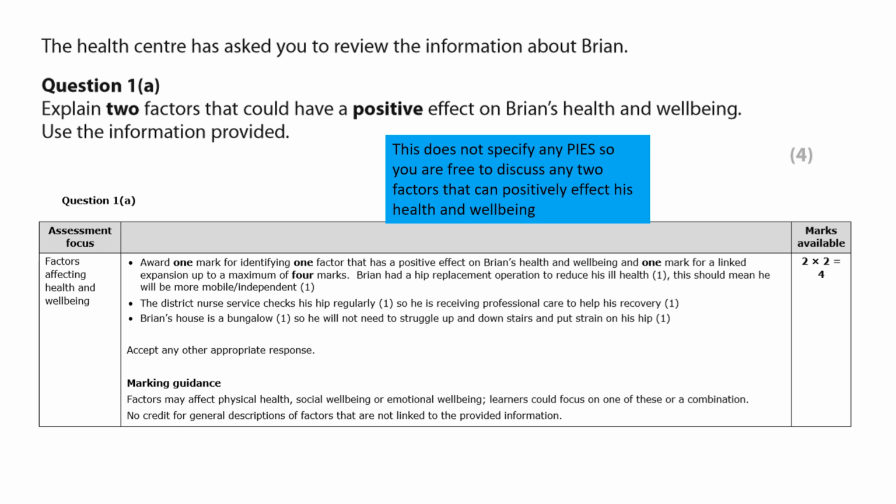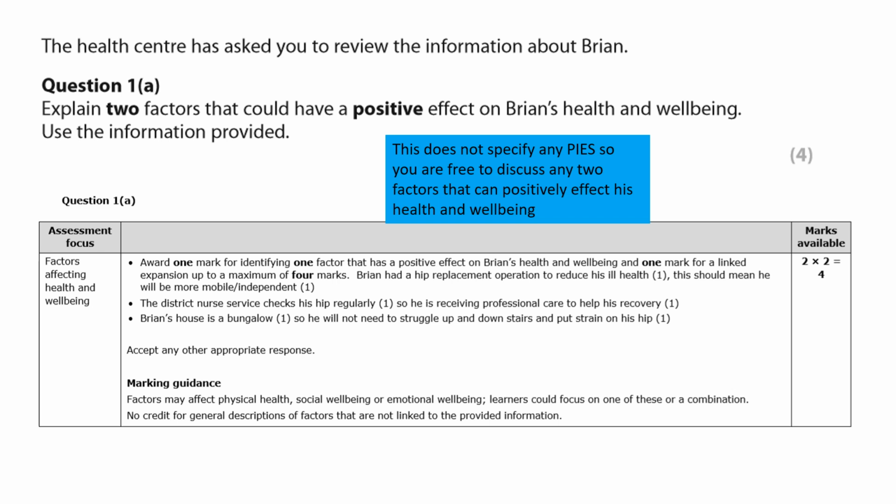So the first question on this paper was to explain 2 factors that could have a positive effect on Brian's health and well-being. Now, if you used your highlighters on the previous page to underline what was positive and what was negative, you should just be able to flick back and look at what you underlined as green and start to answer that question quickly.